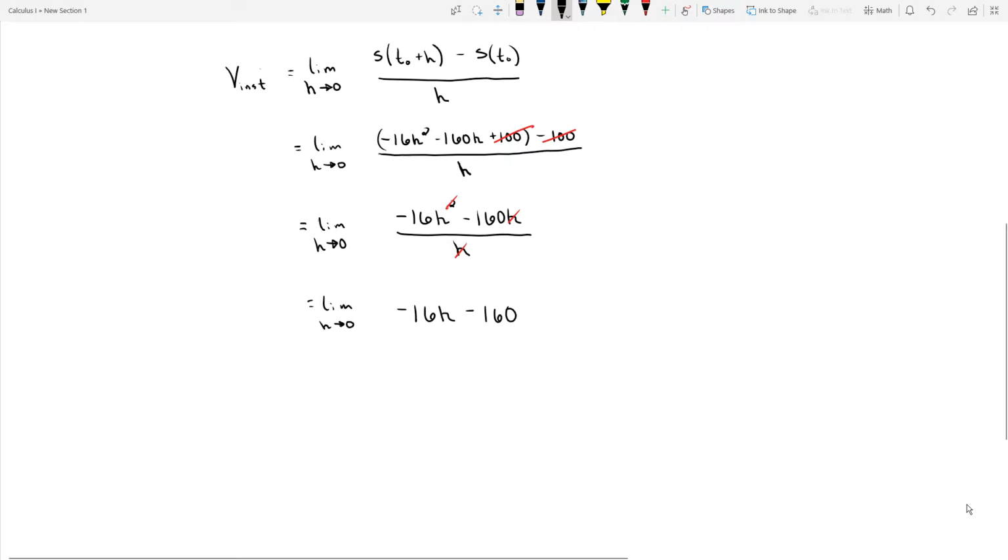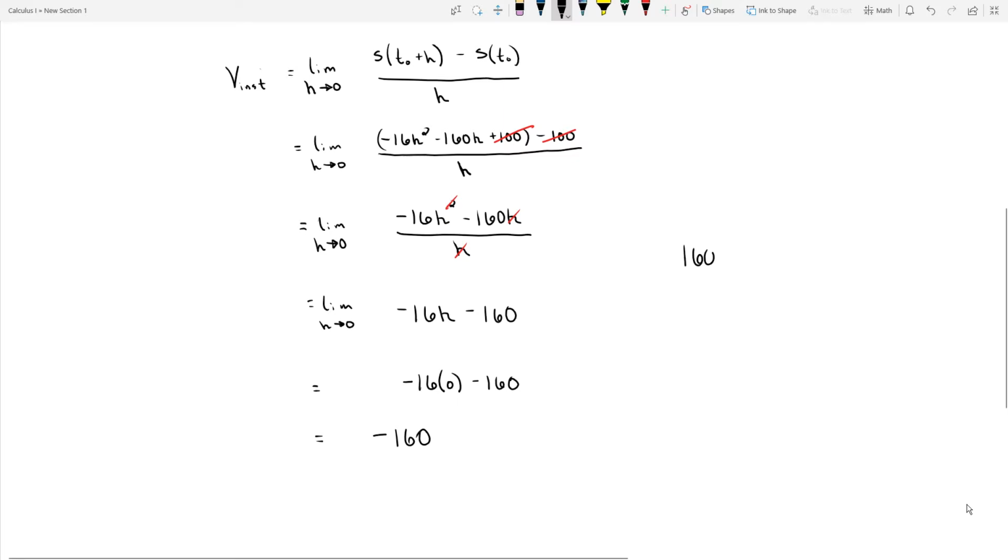So from here, of course, we do not have an h in the denominator. We no longer have restrictions that would cause division by 0. So we can go ahead and substitute 0 for h, and we will end up with minus 16 times 0 minus 160, and that will give us our negative slope of 160 units, whatever that might be.